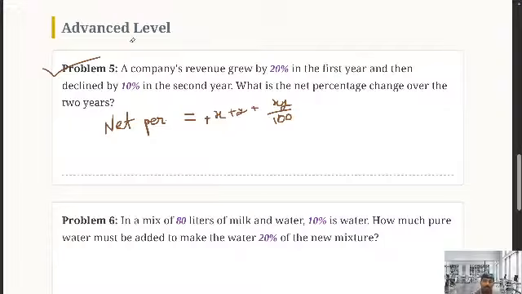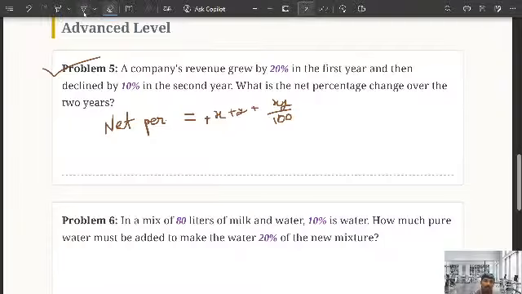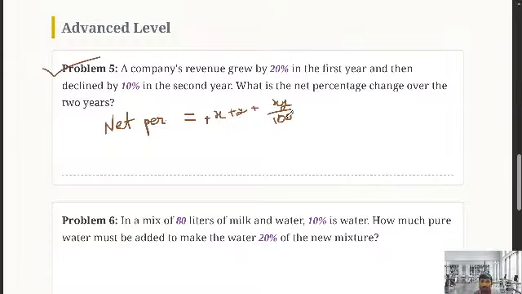The sign of x and y depends on profit and loss: plus for profit, minus for loss. If profit then plus, if loss then minus.